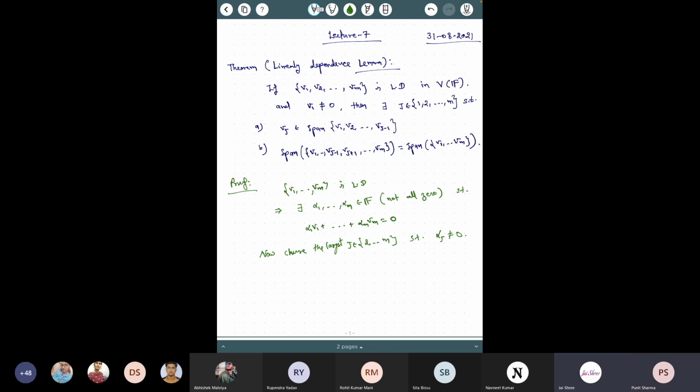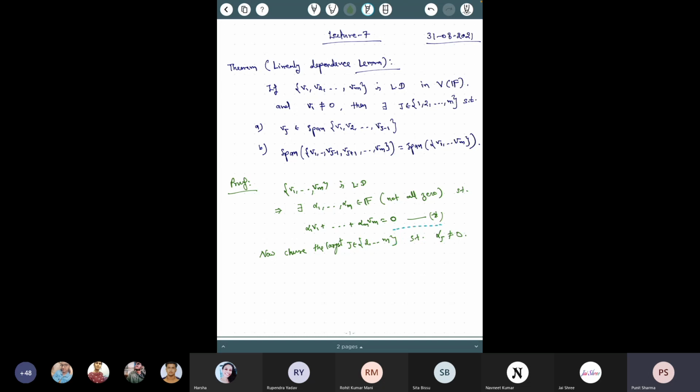Because we are given that the set is linearly dependent. Otherwise v1 would be zero, and v1 is not given to be zero. Right, because from this equation, star, if suppose there is no j from 2 to m such that alpha j is not equal to 0, that means alpha 2 to alpha m are all 0.